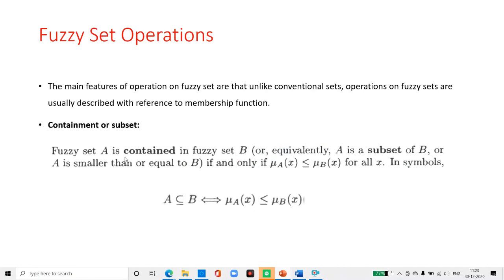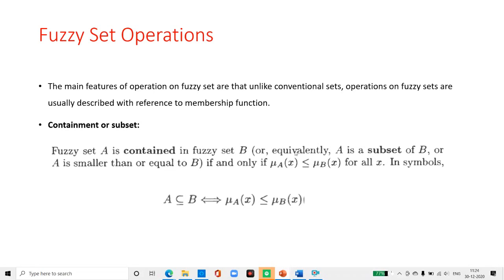Here a fuzzy set A is contained in a fuzzy set B. Equivalently, A is a subset of B, or A is smaller than or equal to B, if and only if mu of A of x is less than or equal to mu of B of x.